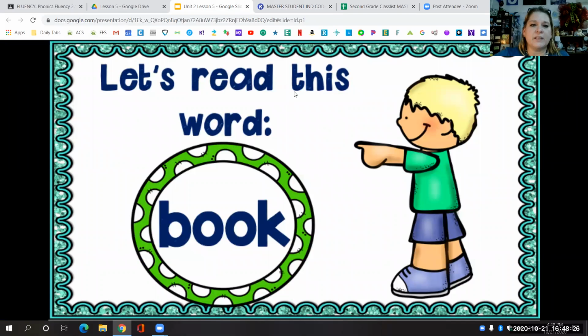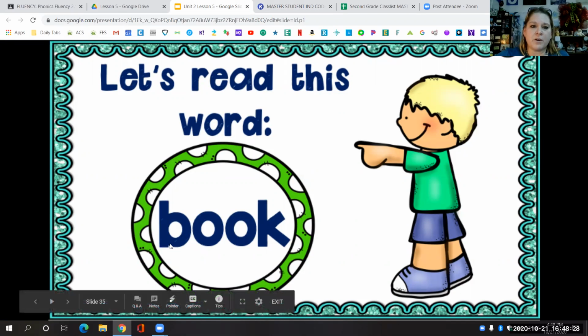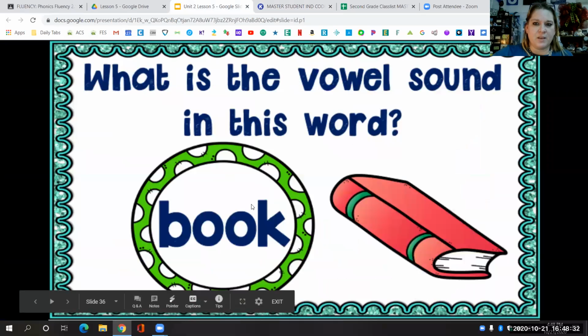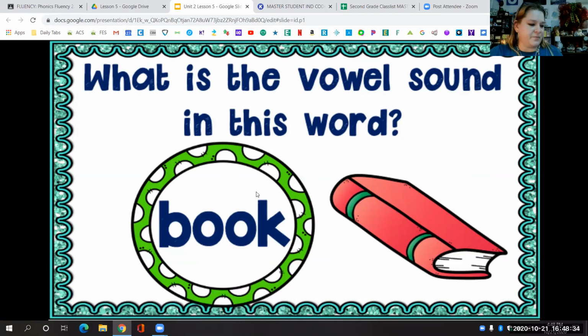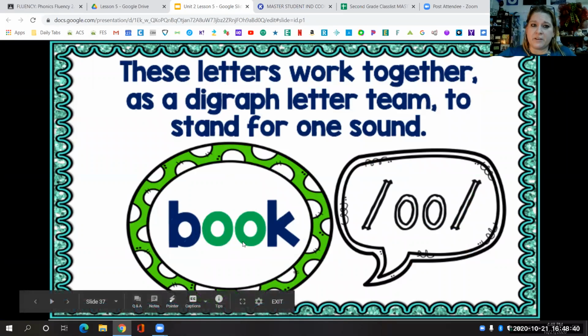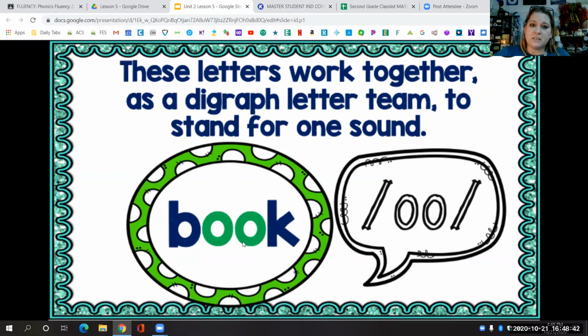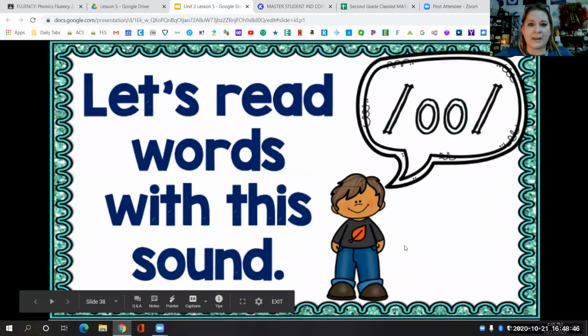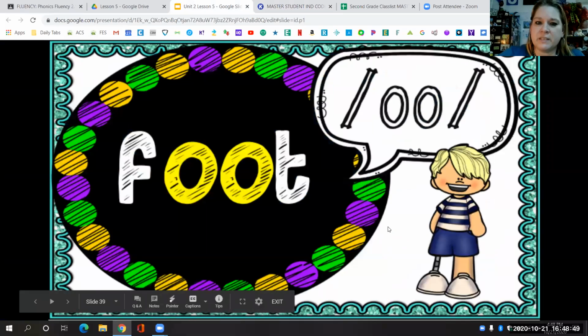Okay, so let's read this word together. This is the word book. Book. What's the vowel sound in this word? It's the part. So these letters work together as a digraph letter team to stand for one sound, the part. Okay, so we're going to read some words with this sound.